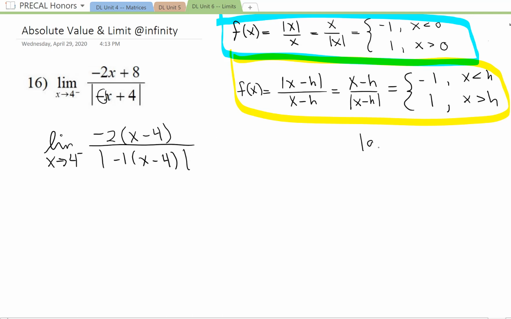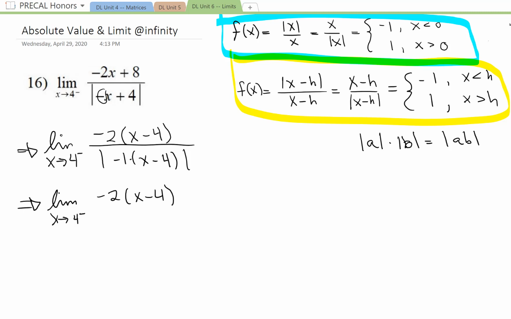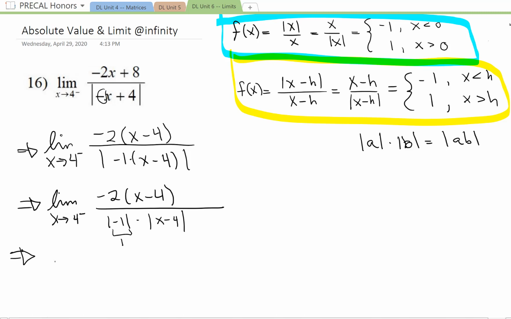I must also remind you that absolute value A times absolute value B is absolute value AB. So we'll write the denominator as the product of two absolute values. So absolute value -1 times absolute value x minus 4. Evaluate the absolute value of -1. That's just going to be 1.